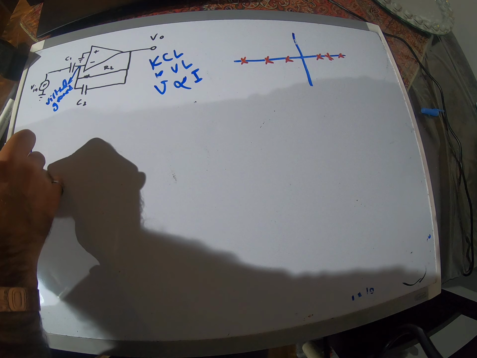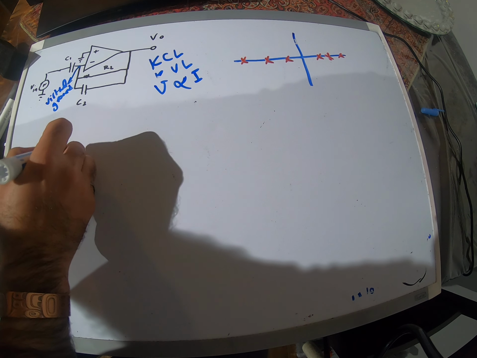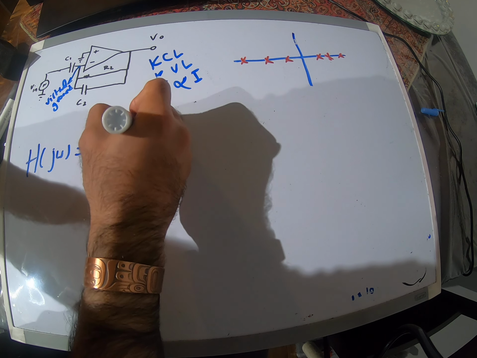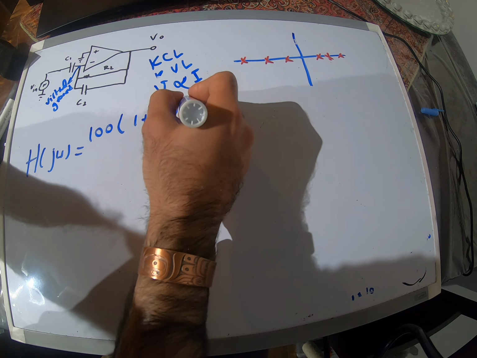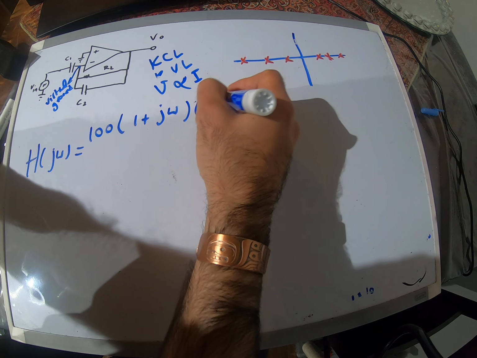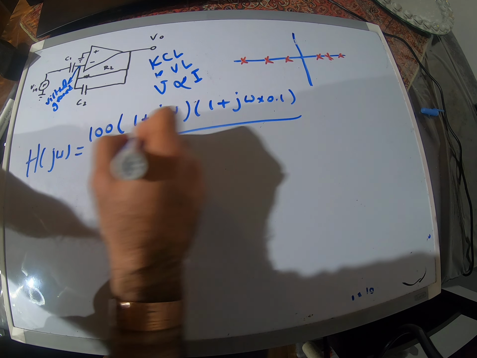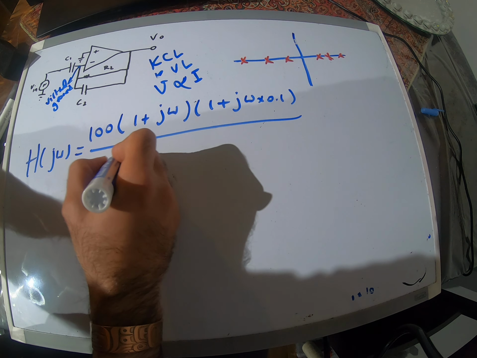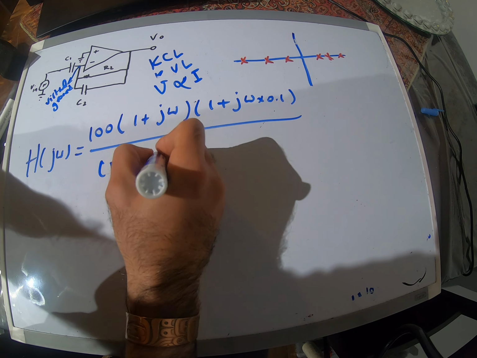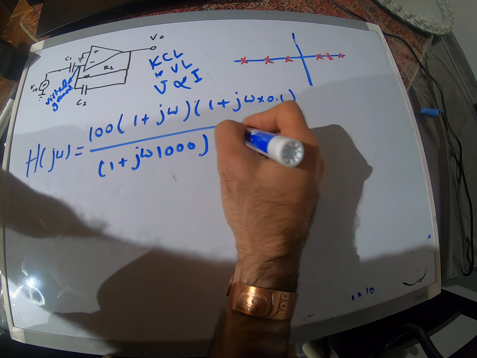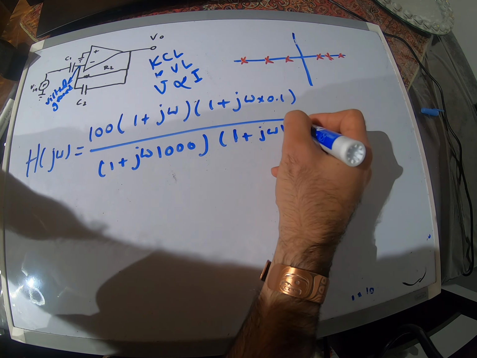So let's assume that we have something like this divided by 1 plus j omega 1000, 1 plus j omega 100.